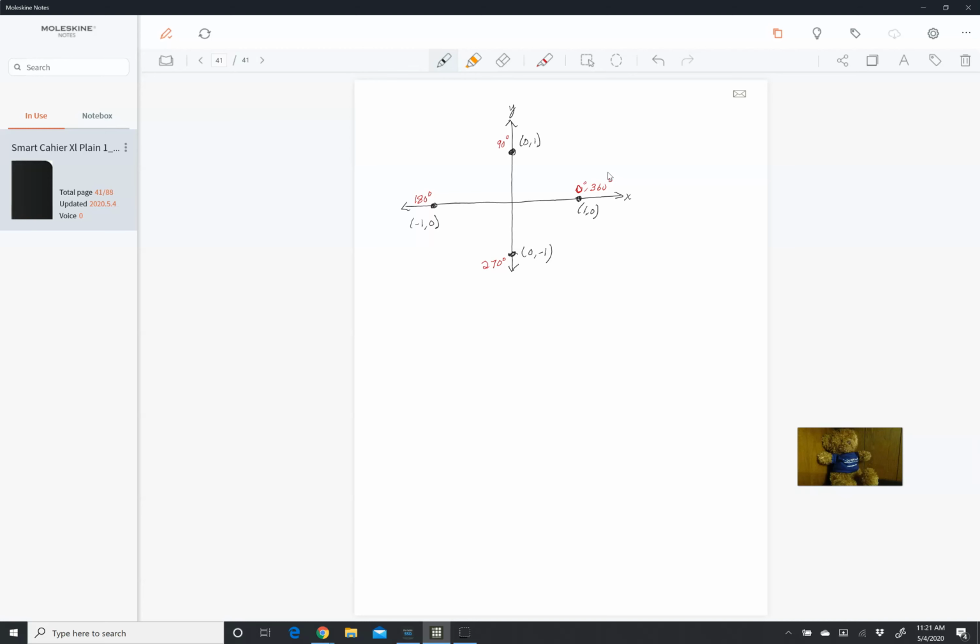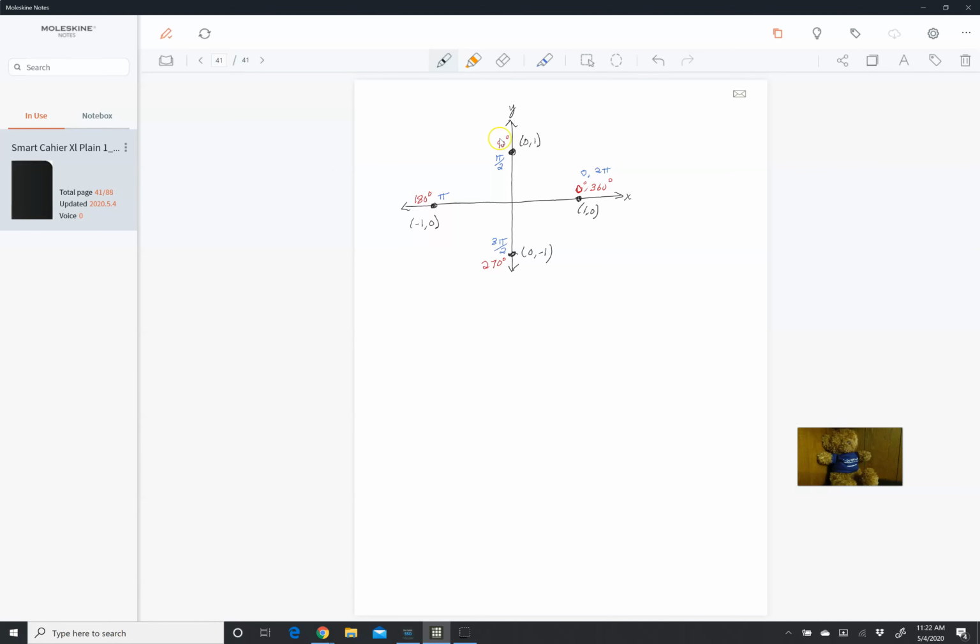Let's look at what this is in radians. So if we go back to what we know about radians, when you start the circle, you're at 0. And when you go all the way around, you're at 2 pi. Okay. Over here, you're at pi over 2. 180 degrees is pi. 270 degrees is 3 pi over 2.